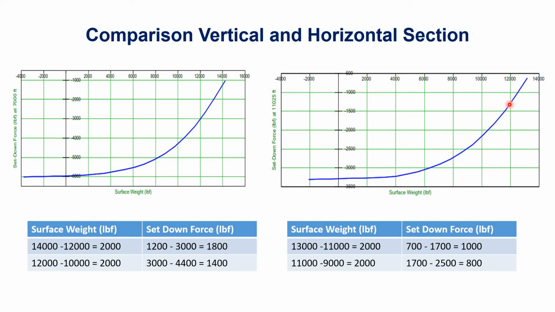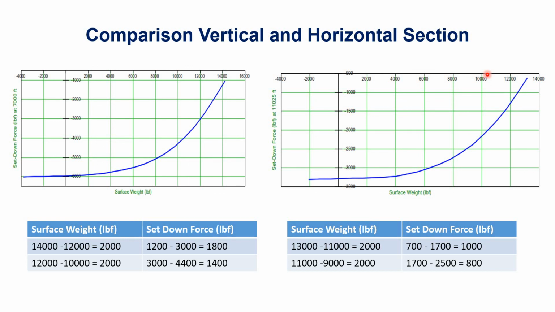Assume that for the 12,000 it is something like 1200. If we have to put 500 pound force weight on the bit, from 1200 we will come to about 1700 and land on this line. So from 12,000 this value will be approximately 10,500. It means to drop 500 on the bottom we need a 1,500 drop on the surface.